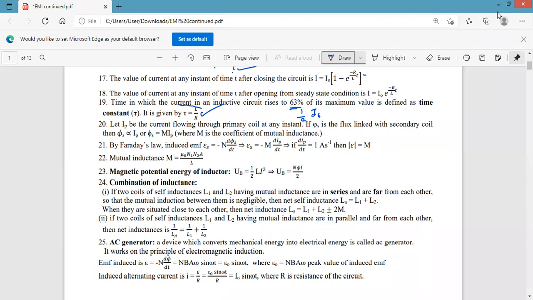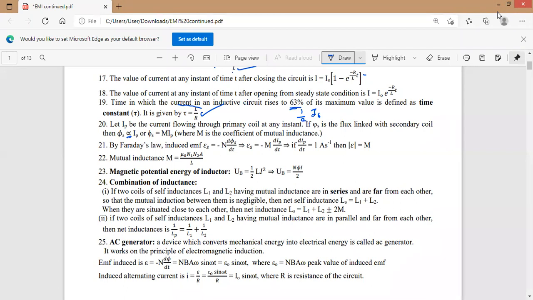If Ip is the current flowing through the primary coil and phi s is the flux linked with the secondary coil, then phi s is proportional to Ip. That is, the flux through the secondary coil is proportional to the current through the primary coil. That is, the flux through the secondary coil is equal to mutual inductance into current in the primary coil. The proportionality sign is replaced by a proportionality constant called M, where M is called the coefficient of mutual inductance.